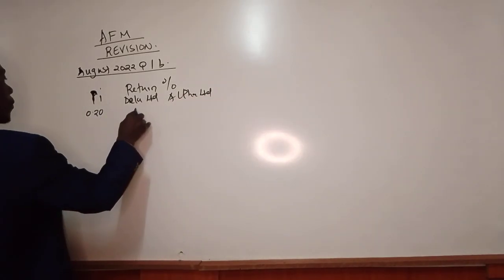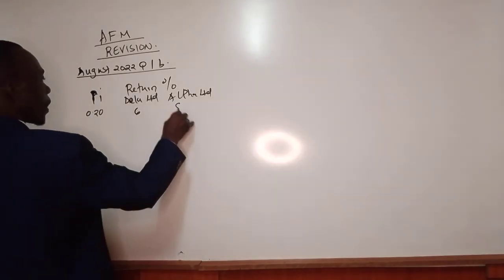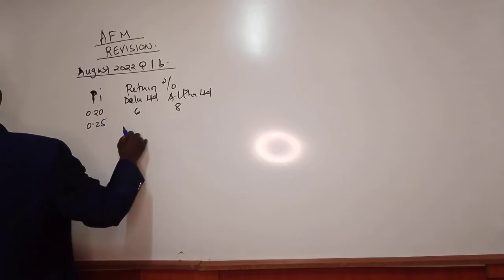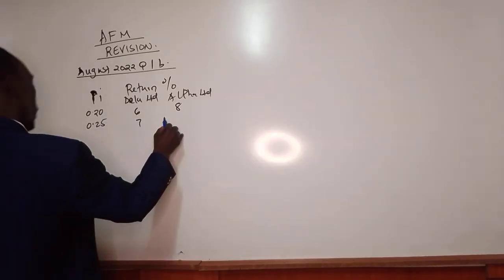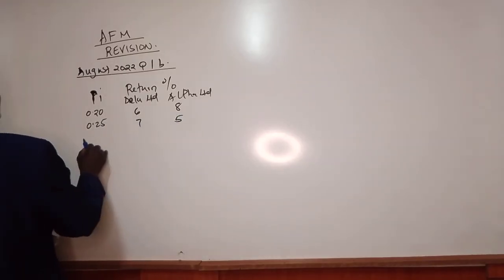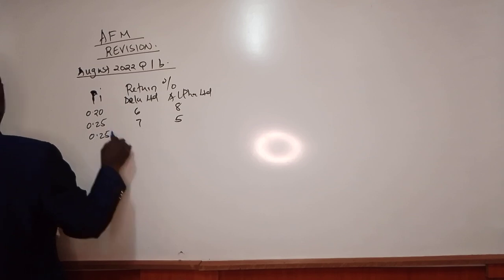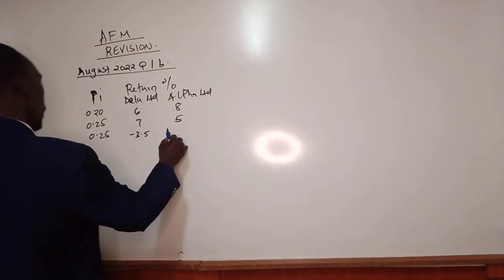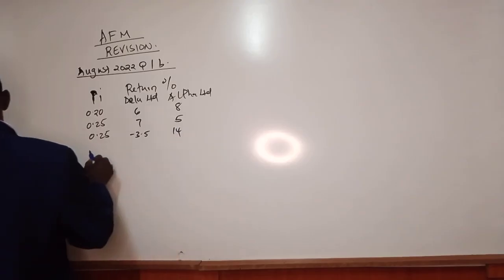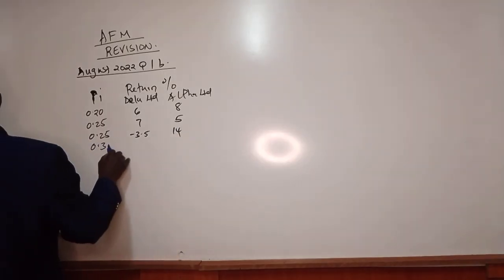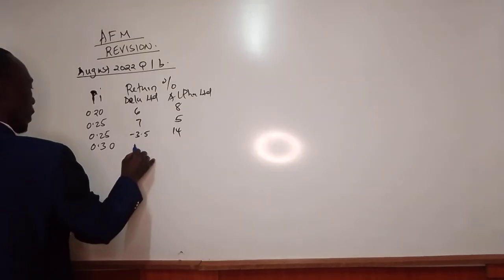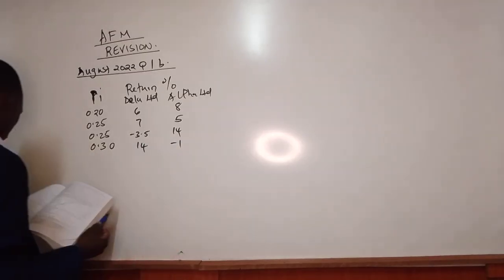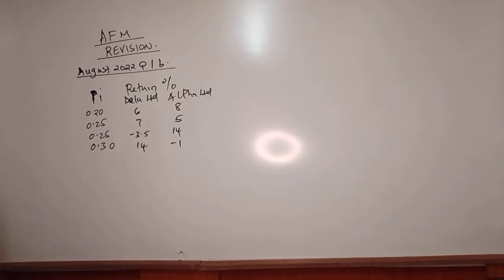Here we are given 6, and here 8; then 0.25, we are given 7 and 5; then 0.25, here negative 3.5 and here 14; then 0.30, here 14 and here negative 1. Then they need the proportion.